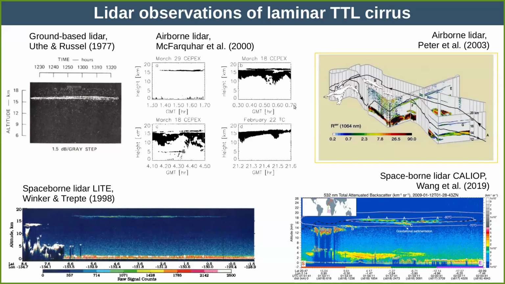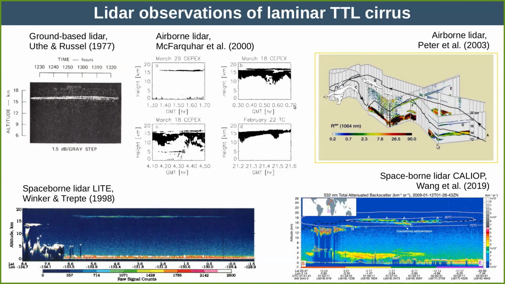Actually, it's a unique point. Airborne LiDAR have a better spatial sampling, but their temporal coverage is really limited. And if Calliope spaceborne LiDAR has flown for 17 years, it's flying so far from the clouds that it's struggling to capture the thinnest clouds.